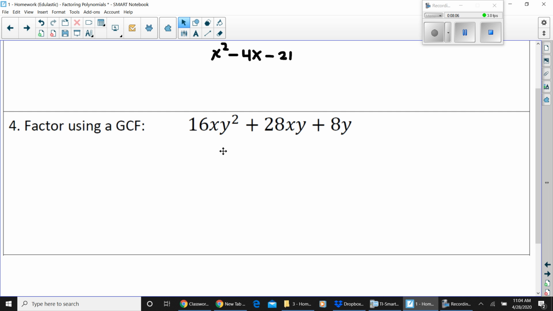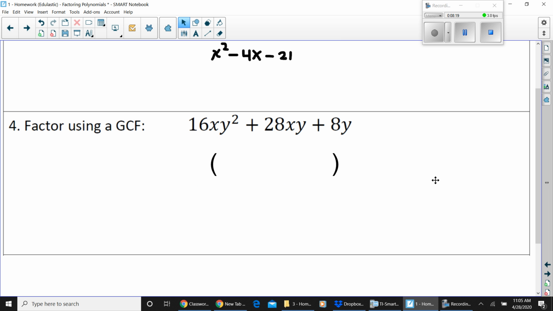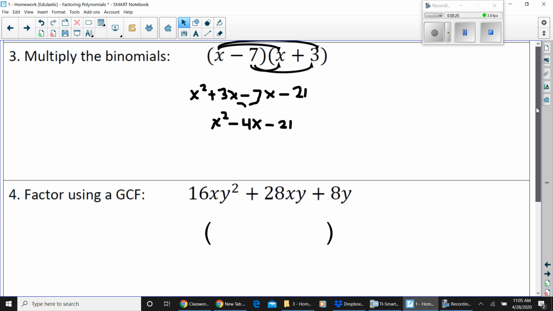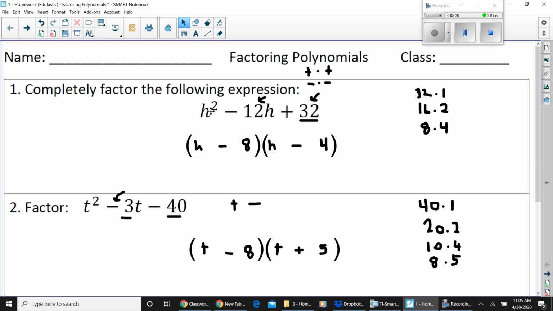So, hopefully if you try this on your own, you could realize right now that you have one set of parentheses. Even though this is a trinomial, it's not like the first one, h squared minus 12h plus 32.